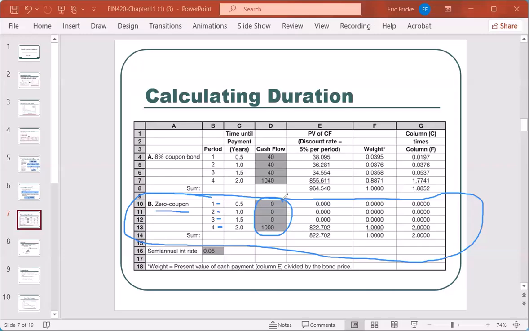And so the idea here, if you follow that formula for duration, remember we said it's the cash flow at time t, there's a summation sign, divided by 1 plus the yield to maturity to the t. And that's like taking the present value, right? Divide that by the price of the bond, right?